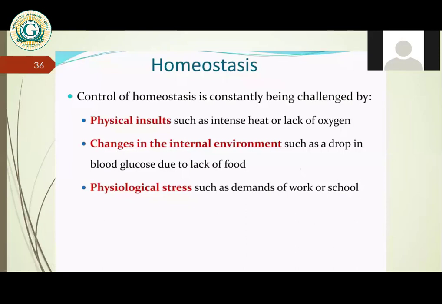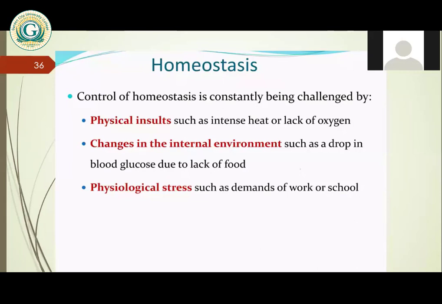When you are not eating, let's say 3 days of fasting, you tend to have a reduced blood glucose level, and that affects how well the cells function, because they are designed to function under a normal level of glucose.